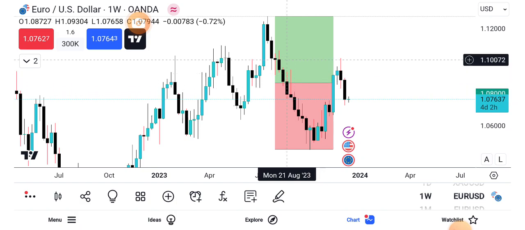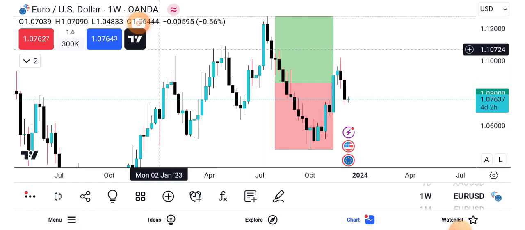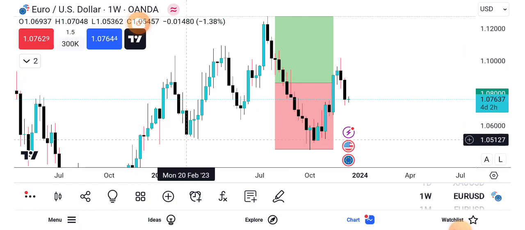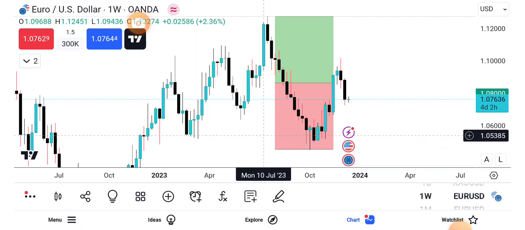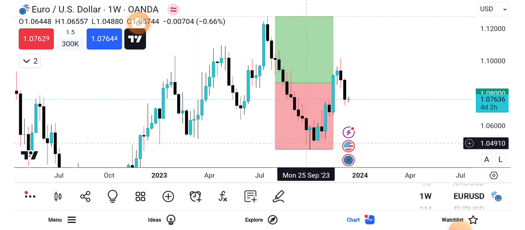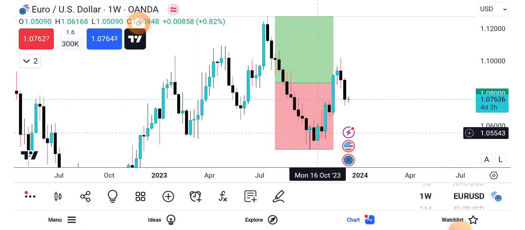So we have this price action here. The buy side liquidity had been grabbed. Over here we have this sell side liquidities also grabbed, so we are expecting a retracement higher.